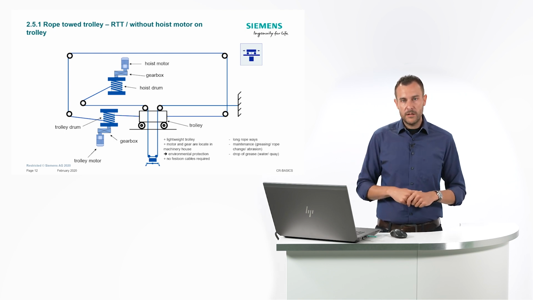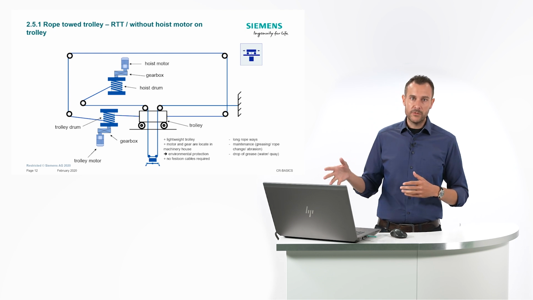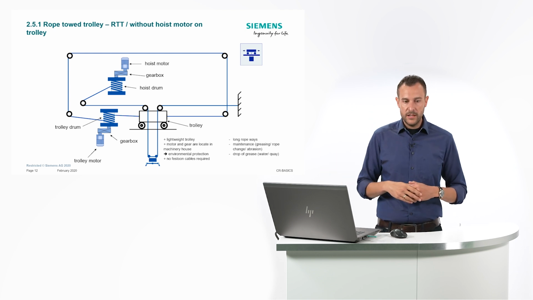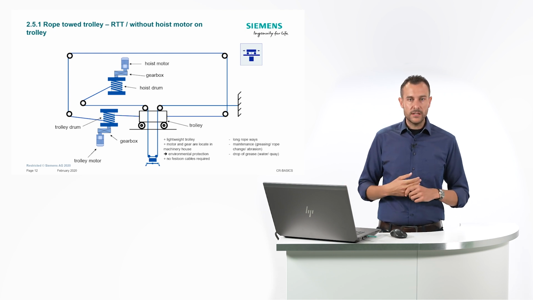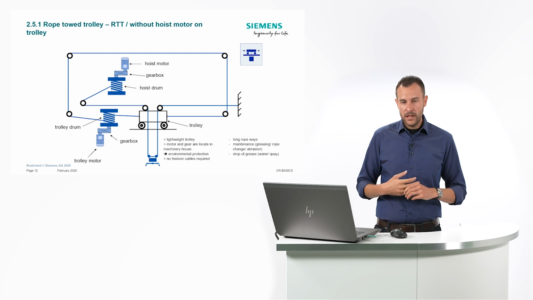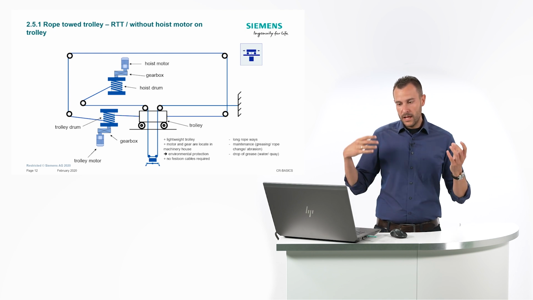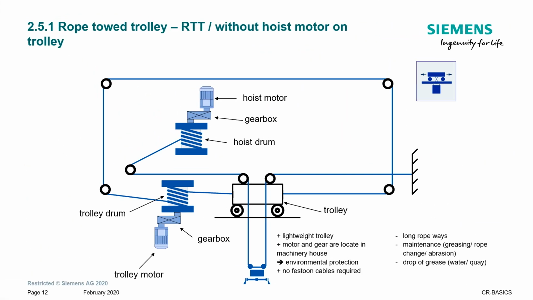Also in the harbor you have the water side, so if the grease drops into the water, it is not the best for the environment, and you also get the grease on the quay, where your personnel is moving around. So you have to see how the advantages and disadvantages fit for you.